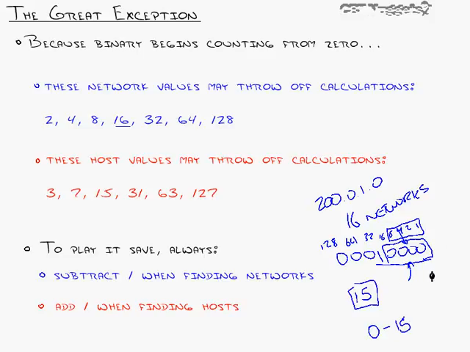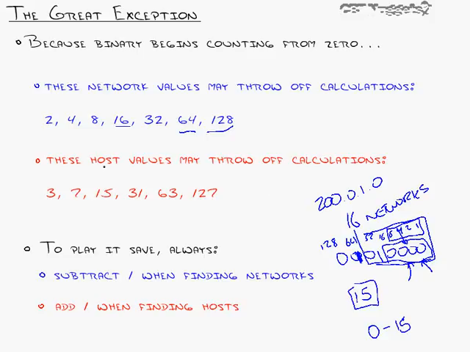So technically, we can get 16 values with 4 bits, 0 through 15. And that's why anytime you land on one of these significant binary boundaries, like somebody says, give me 64 networks, and you put a 1 right there, you can actually get 64 with 6 bits rather than the 7 it looks like it requires.